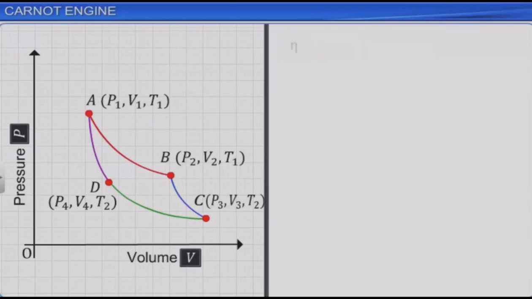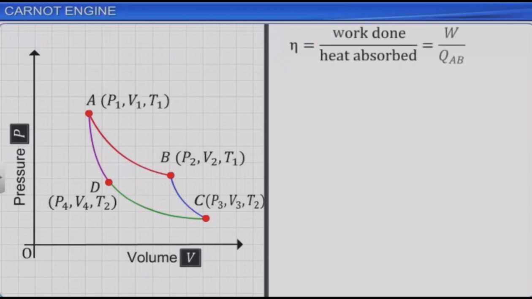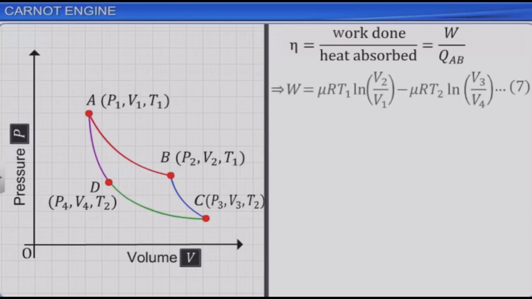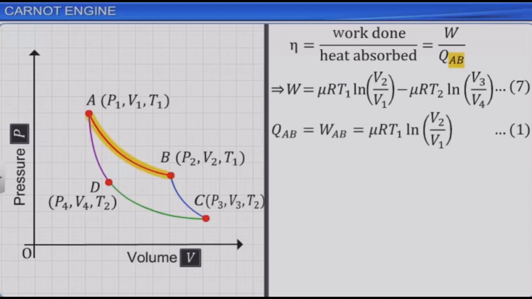We know that the efficiency of the heat engine, eta, is equal to the ratio of the work done by the system to the heat absorbed by the system. The total work done is W, and the total heat absorbed is QAB. Note that heat is absorbed only during the process AB.